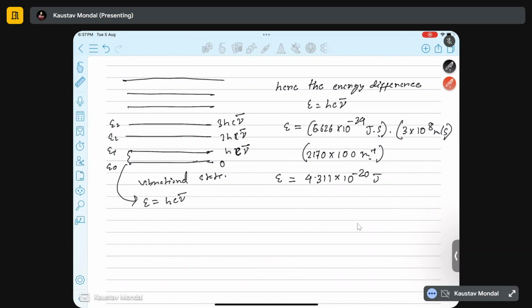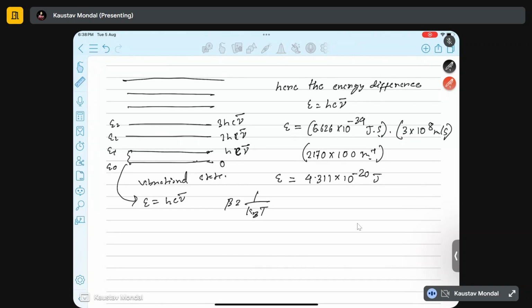Now, the next most important thing, we have to calculate beta. In the previous class we evaluated the value of beta: beta is 1 by kBT, the inverse of the temperature multiplied by the Boltzmann constant.